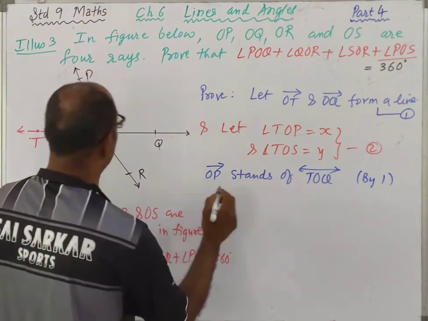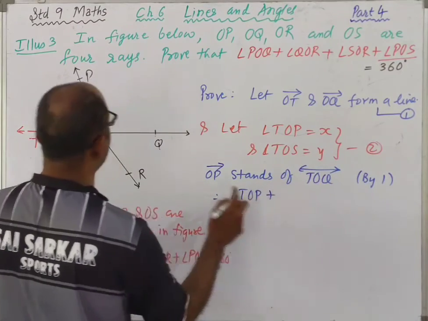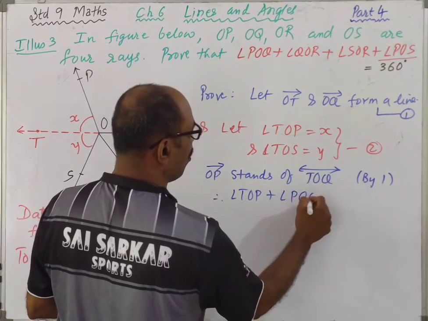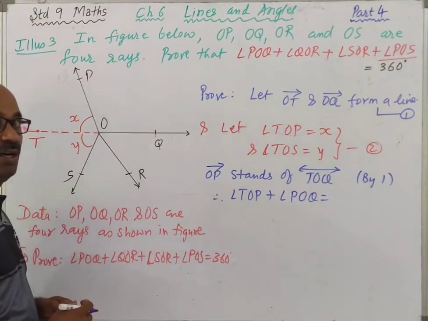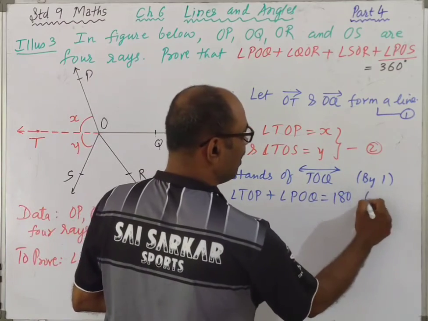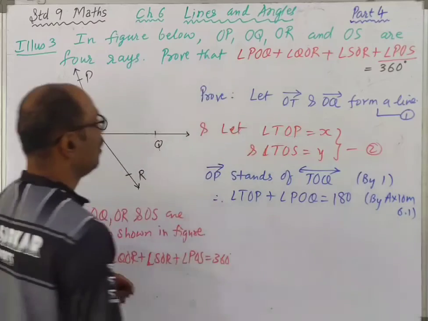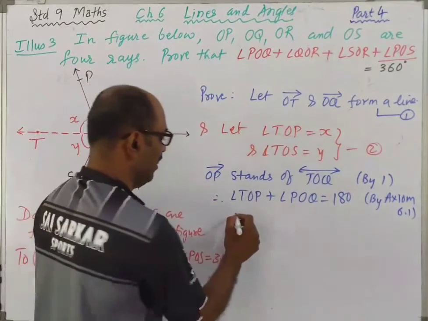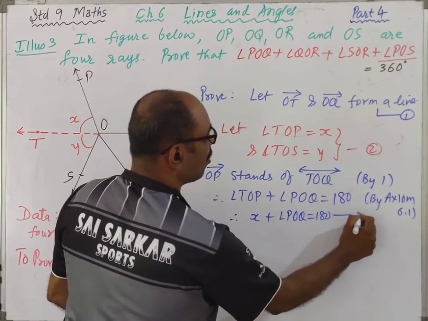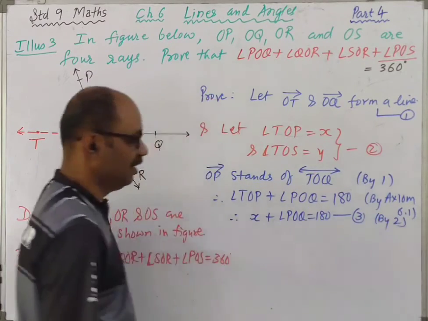Therefore, angle TOP plus angle POQ is equal to 180 by Axiom 6.1. Now TOP is X. Therefore, X plus angle POQ is equal to 180. Call it result number 3. And that X you got by 2.